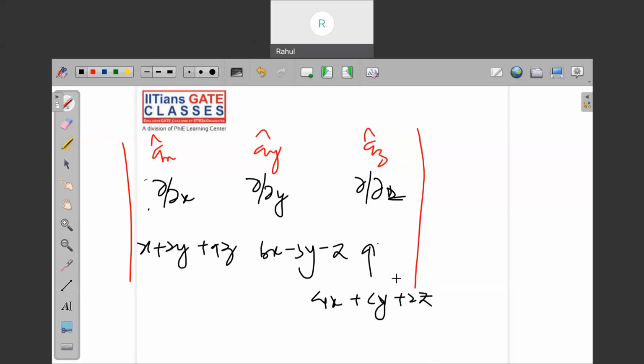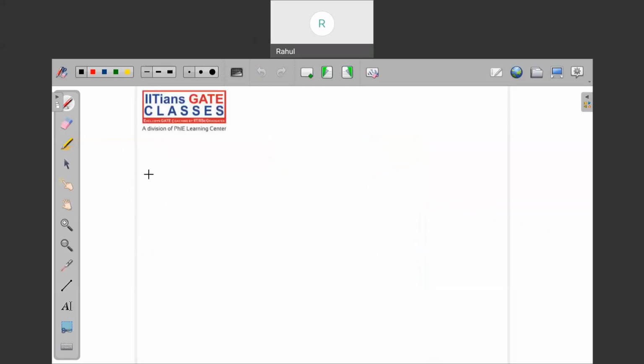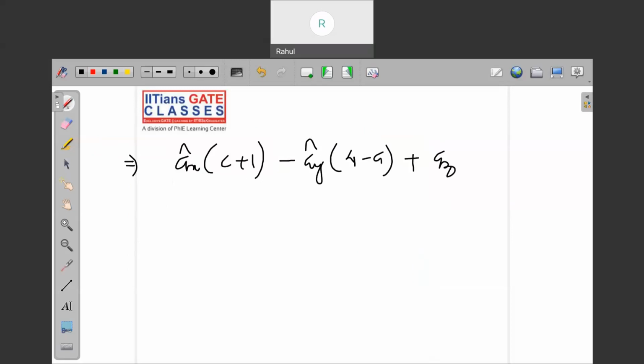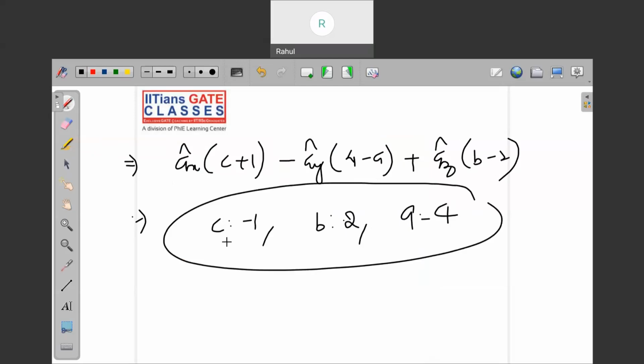Once you put it equal to 0 and solve, you get ax cap (c plus 1), ay cap (4 minus a), plus az cap (b minus 2). Once you solve the determinant, c equal to minus 1, b equal to 2, and a equal to 4. So this is going to be your answer, right?